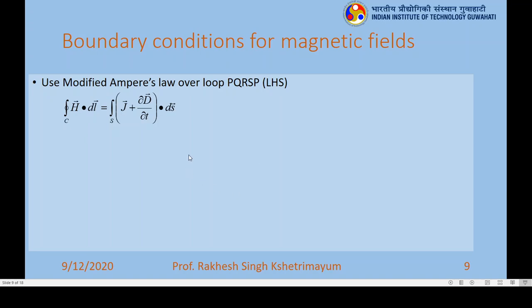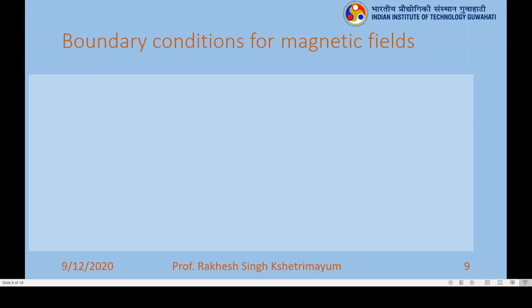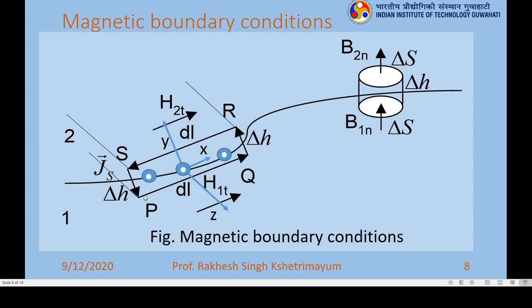Like last time, when I do H dot dl over this closed loop PQRSP, the contribution from here will be H1t l. The contribution from here will be negligible because delta h is tending to 0. The contribution from here will be, since the line element is directed along this direction but H2 tangential is along the other direction, minus H2t l.